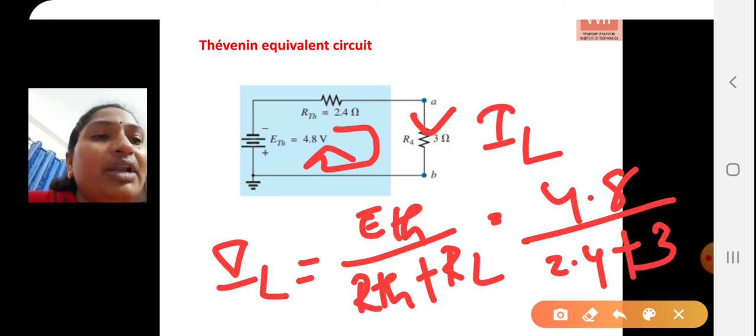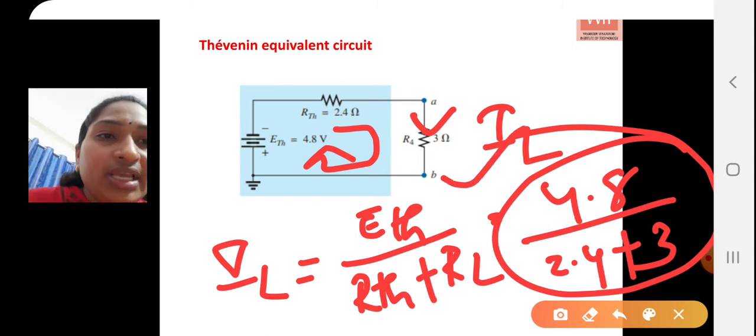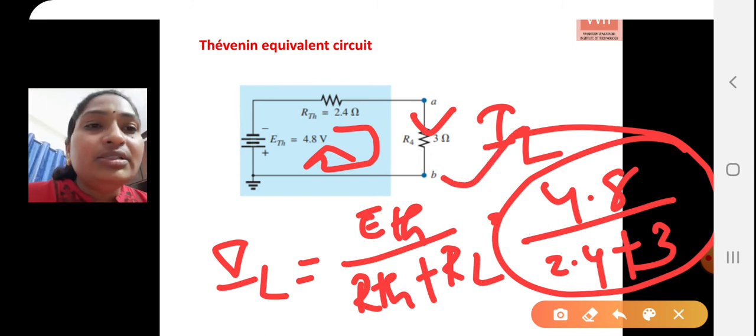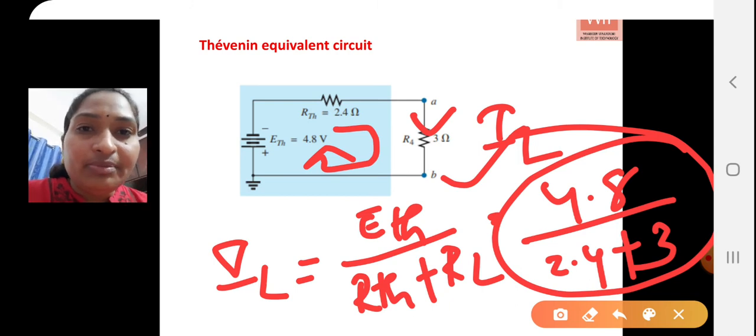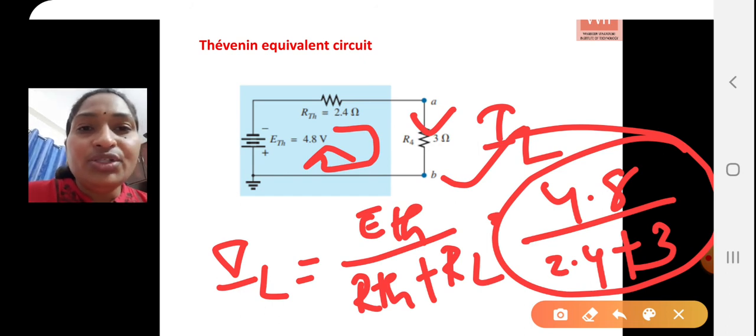This is the value of current flowing through this load resistance branch. So we need to draw the Thevenin's equivalent circuit by applying Thevenin's theorem. Then we can calculate the current flowing through the load resistance branch, or the voltage across it, or the power consumed by that load resistance, etc.